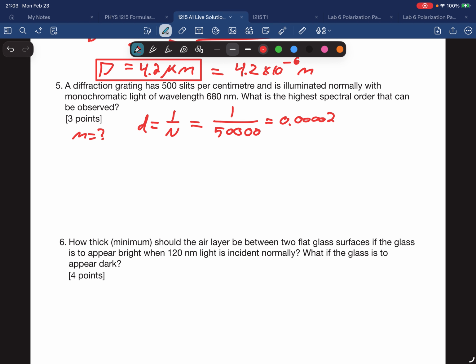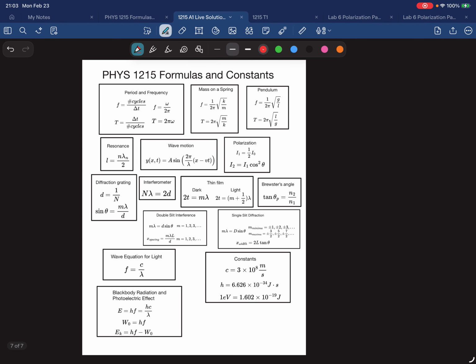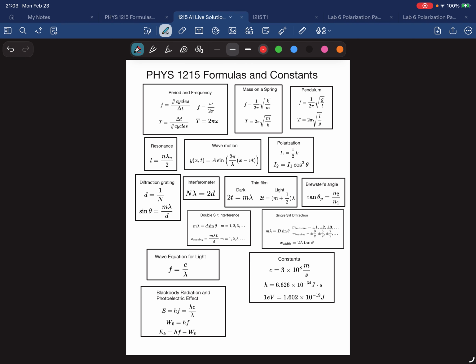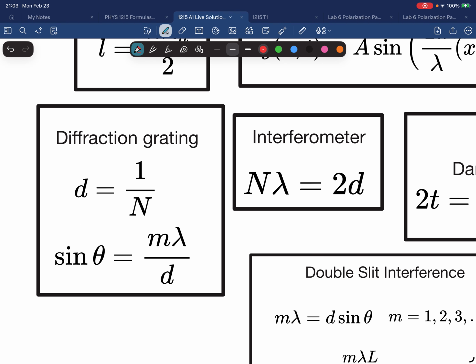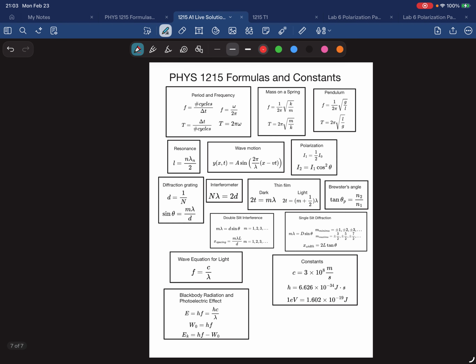Using a rearranged equation for M, we get M equals d sine theta over lambda. Again, these are just formulas from the formula sheet. So if I look for diffraction grating, we have sine theta equals m lambda over d. I have just rearranged this for m by multiplying everything by d and dividing everything by lambda.